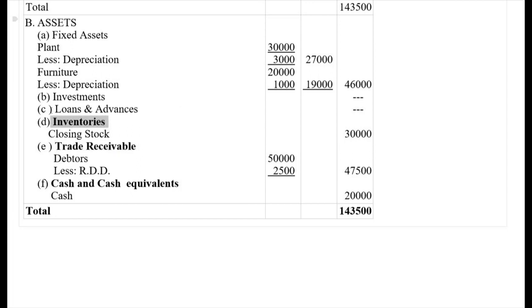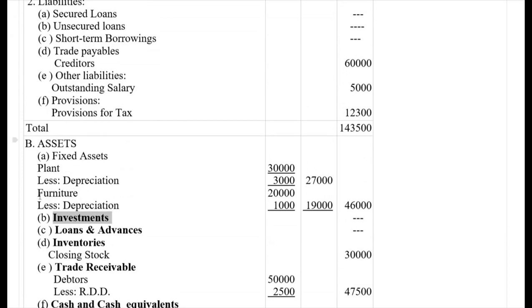Of course, this was a very simple problem here. Whatever I am now writing on the board, it can even be written in block letters also, so that the visibility will be still more, so that the evaluator will come to know what is what and all these things here.